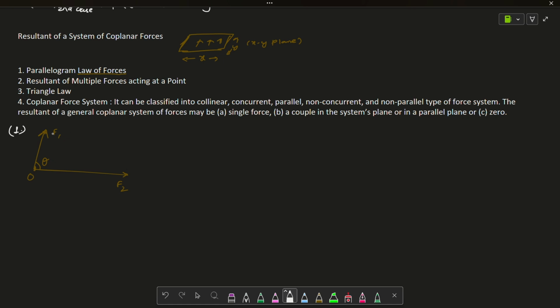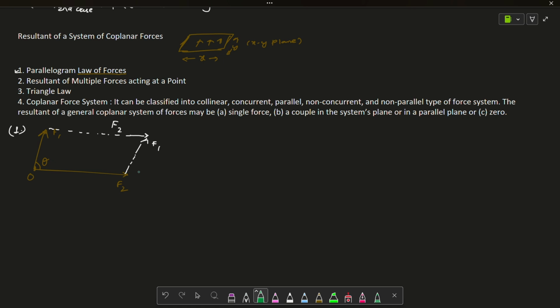Now we have these two forces, and through this method we will make a parallelogram. So this one we can call F2 and this one F1. Why? Because these two lines are parallel, so the direction of F1 and this F1 would be the same, and the lines are equal, so both direction and magnitude of this F1 would be the same.